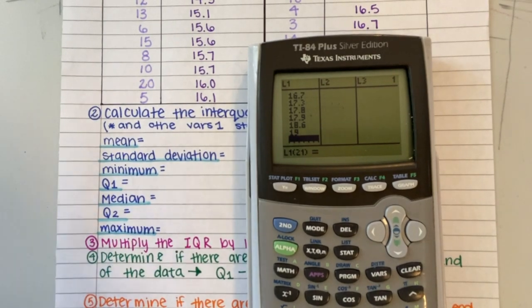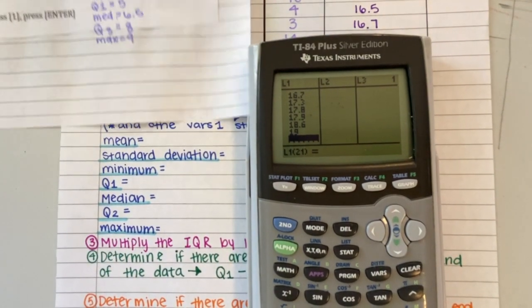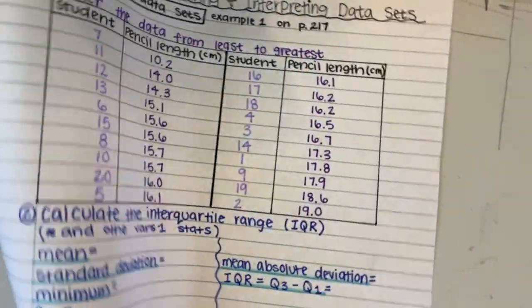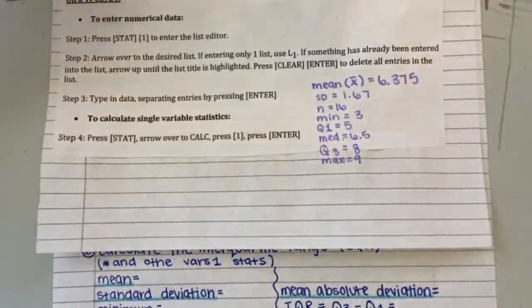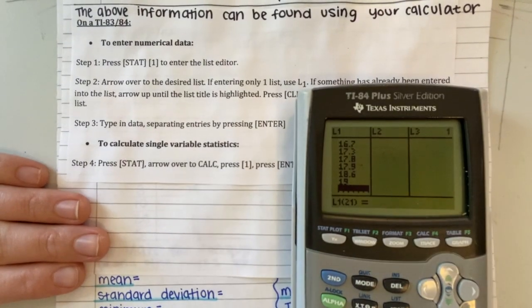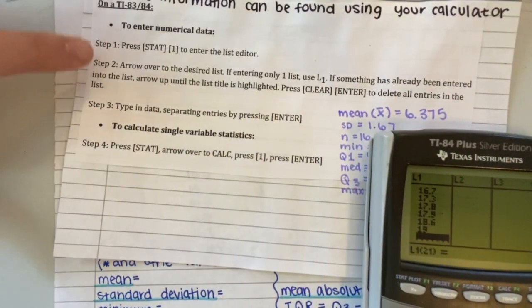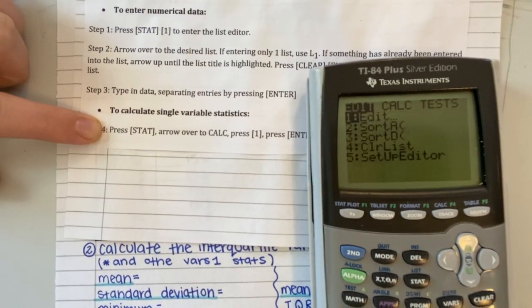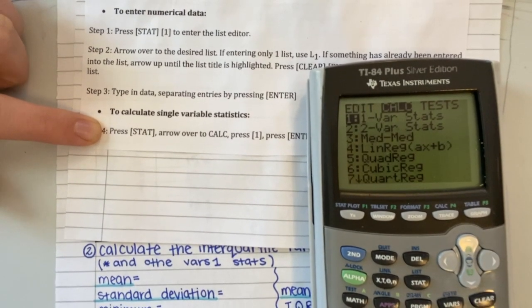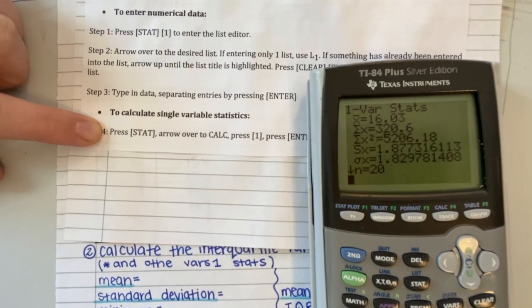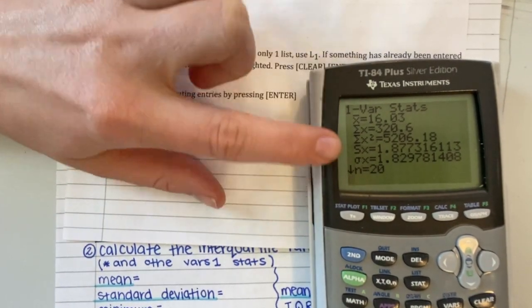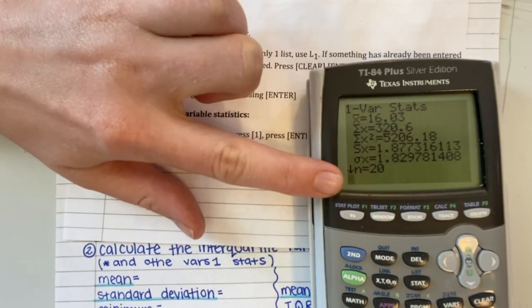So here are our steps. And so I have my data entered, which were these 3 steps, which we're used to. Then I'm going to press Stat, scroll over to Calc, and enter on one variable statistics. This gives me my mean and all of our other information.